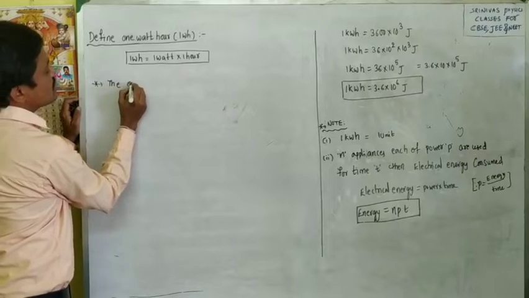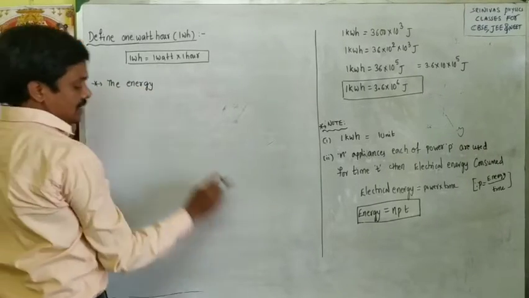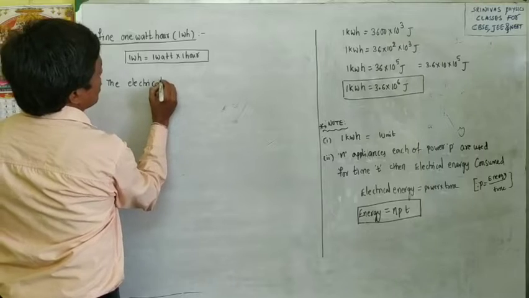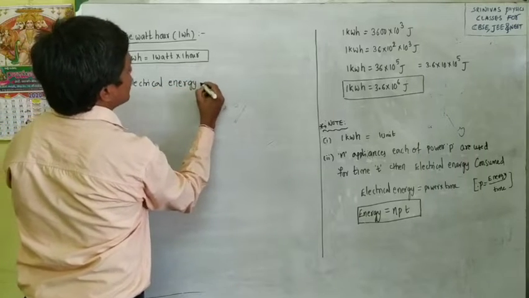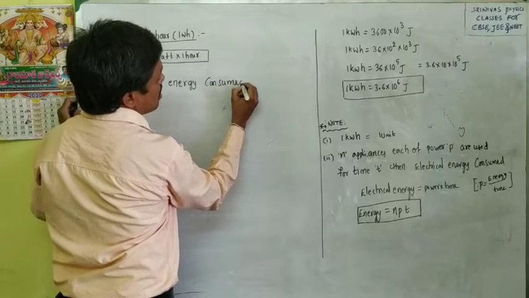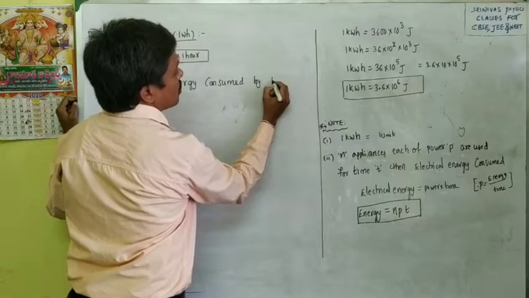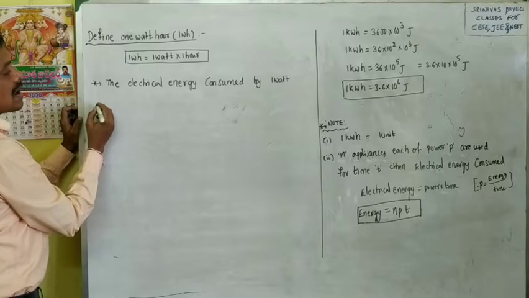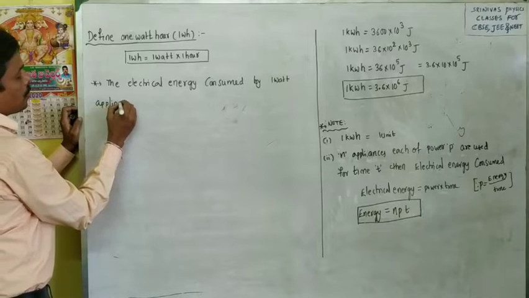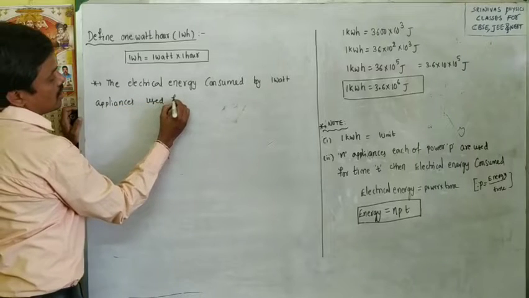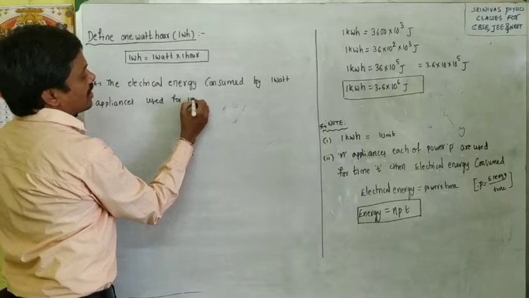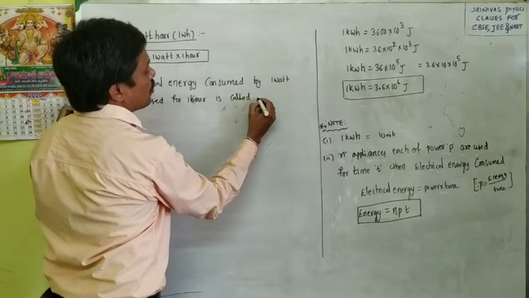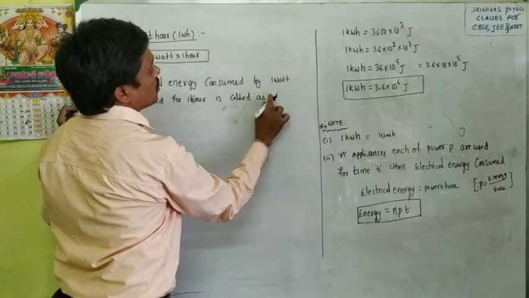The electrical energy consumed by a 1 watt appliance used for 1 hour is called 1 watt hour.